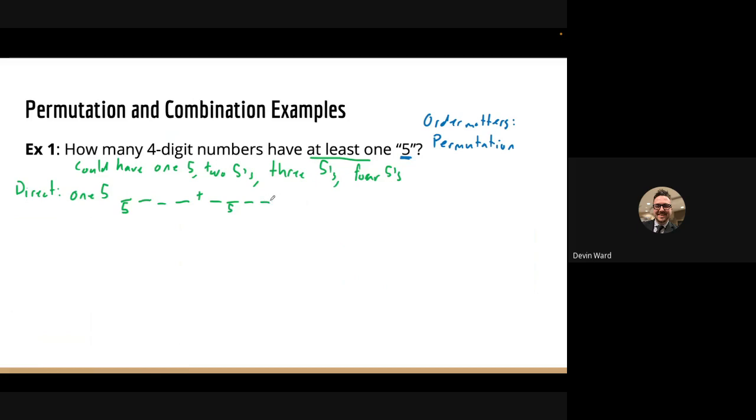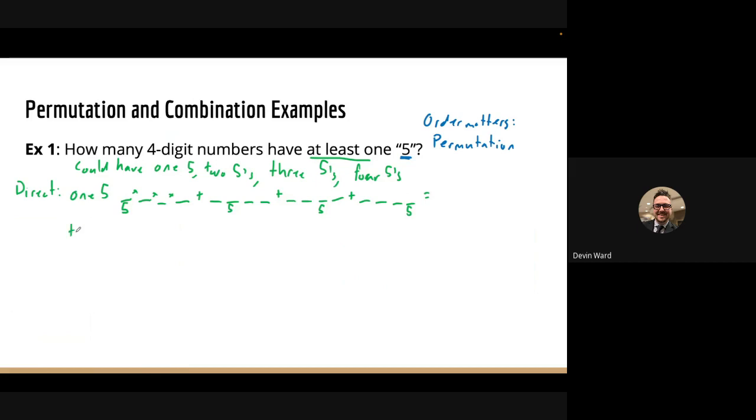Then it doesn't matter for the other ones. We could have the 5 in the third spot. It doesn't matter. Or you could have the 5 in the last place value. So you multiply everything in the middle for all of them, and then add them all up. So that's if we have 1 5.